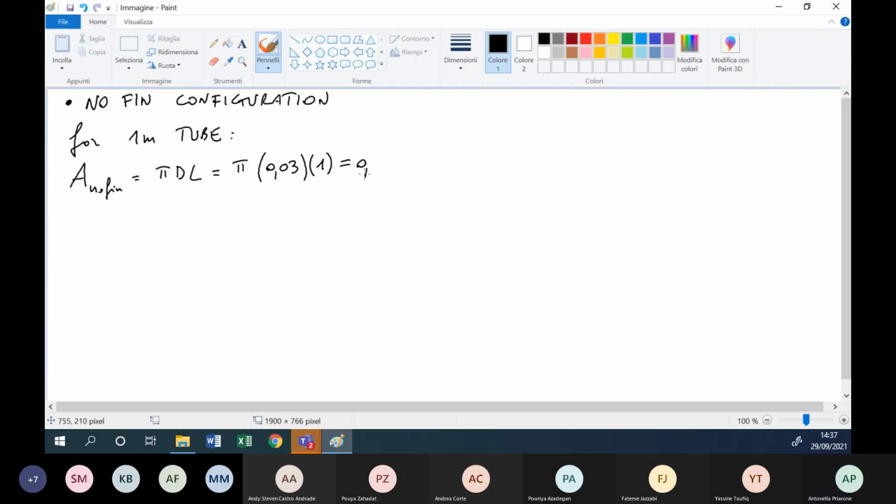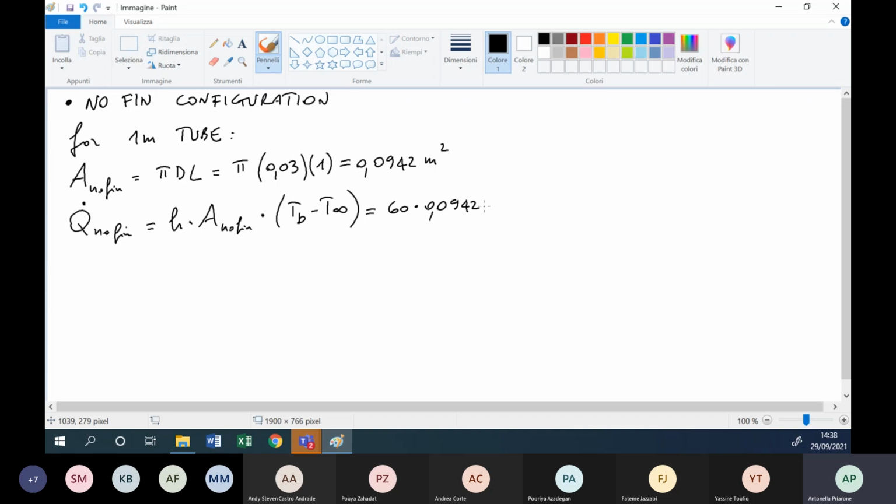And Q no fin is equal to h multiplied by A no fin multiplied by Tb minus T infinity. It is 60 times 0.0942 times 120 minus 25, equal to 537 watt.